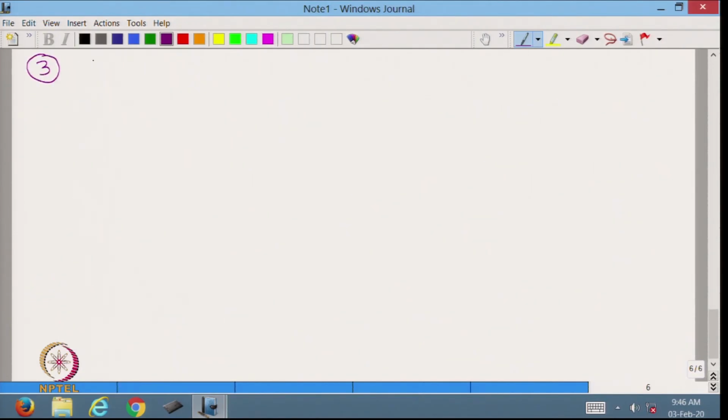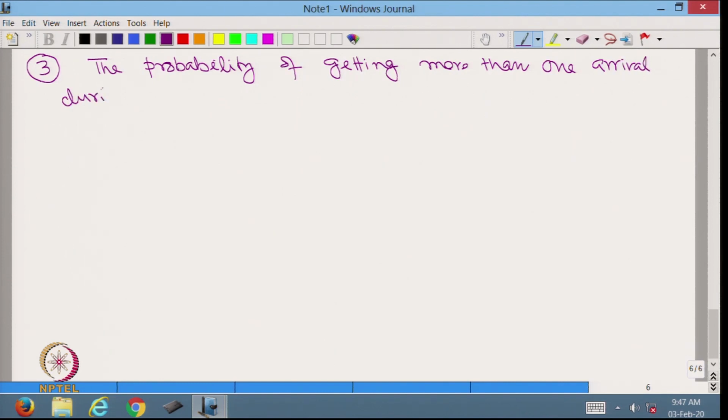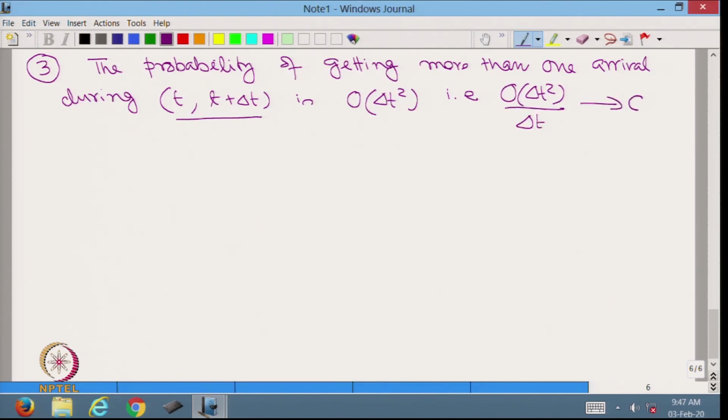Assumption 3, the probability of getting more than one arrival during t to t plus delta t, a small interval, is order of delta t square, that is, order of delta t square upon delta t will go to 0 as delta t goes to 0.